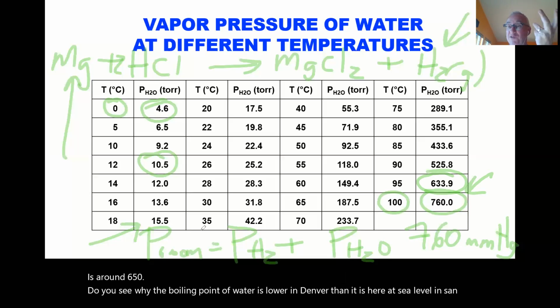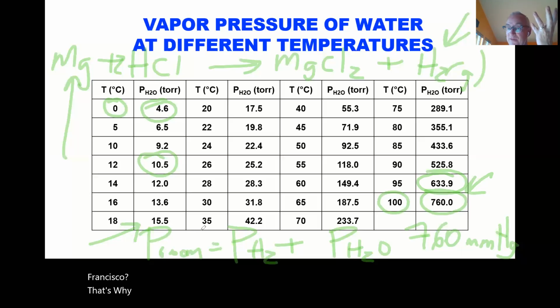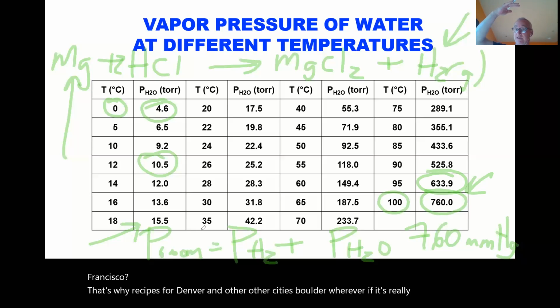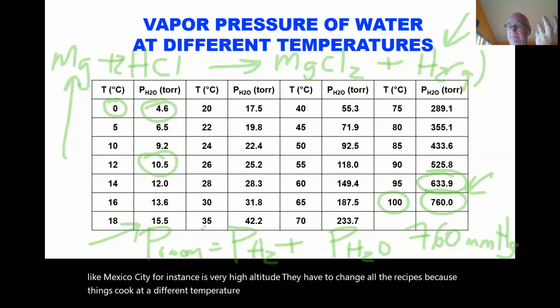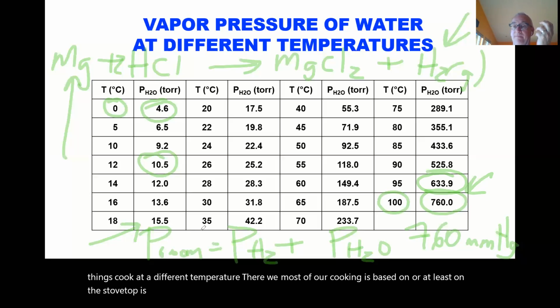That's why recipes for Denver and other cities like Boulder, or Mexico City, which is very high altitude, have to change, because things cook at a different temperature there. Most of our cooking on the stovetop is based on boiling water.